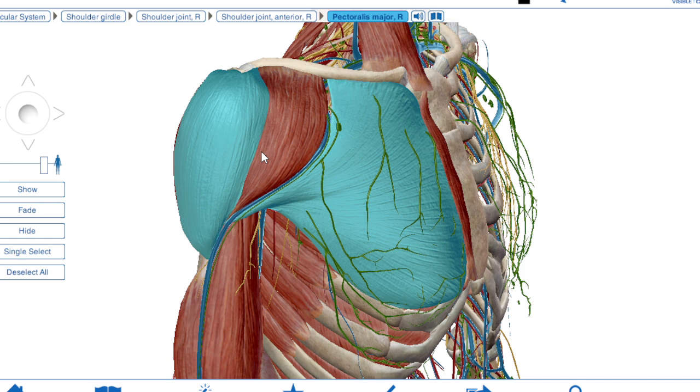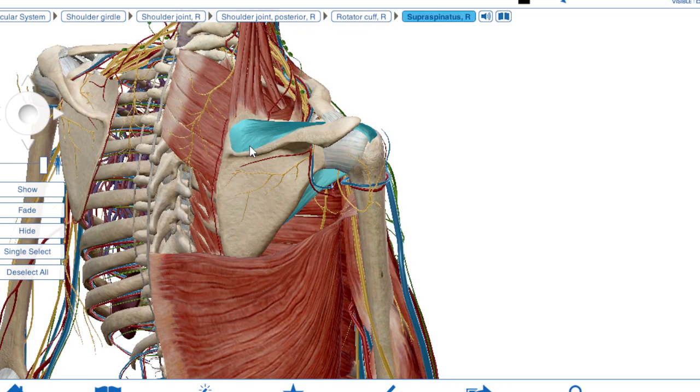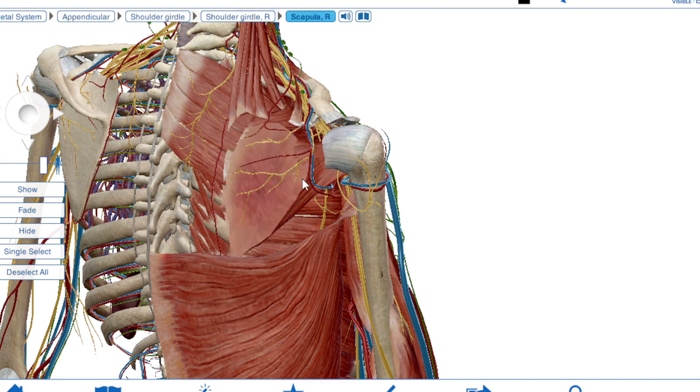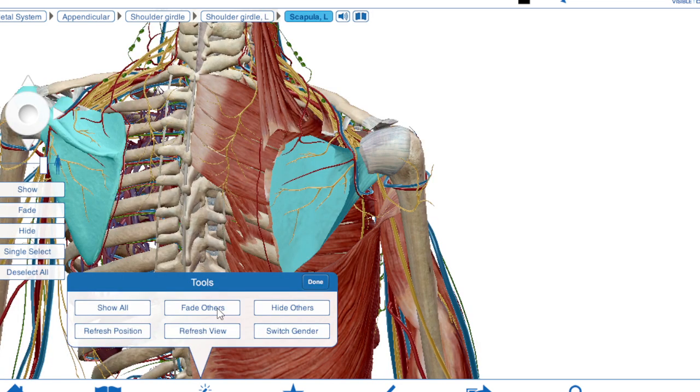This is the subscapularis muscle. Now see, this subscapularis muscle is attached to the scapula. This is the scapula. I just hide the others.